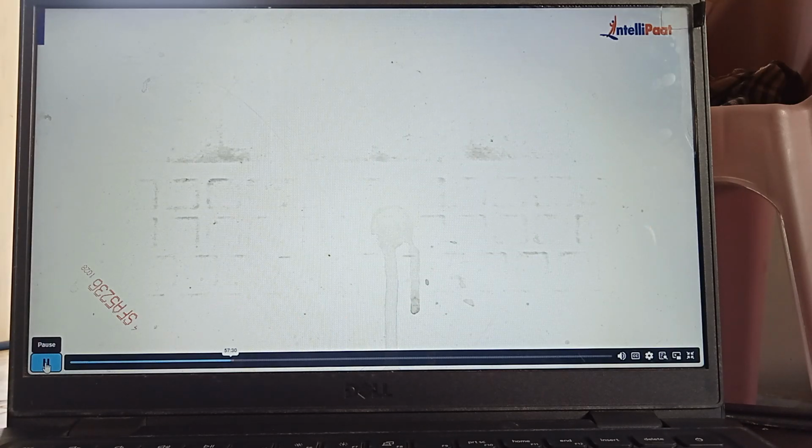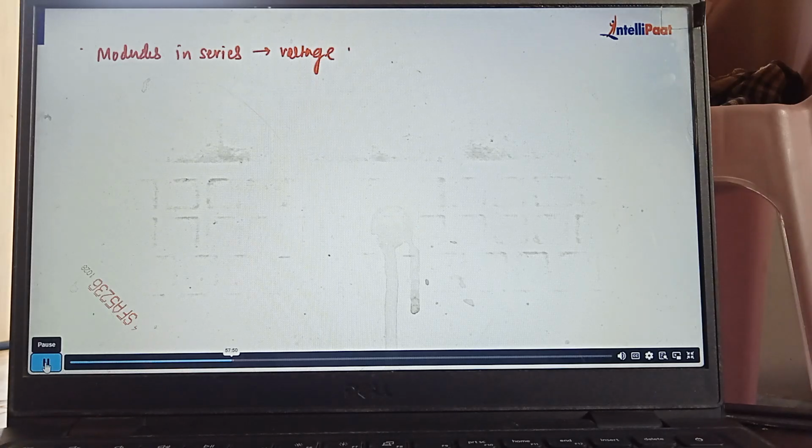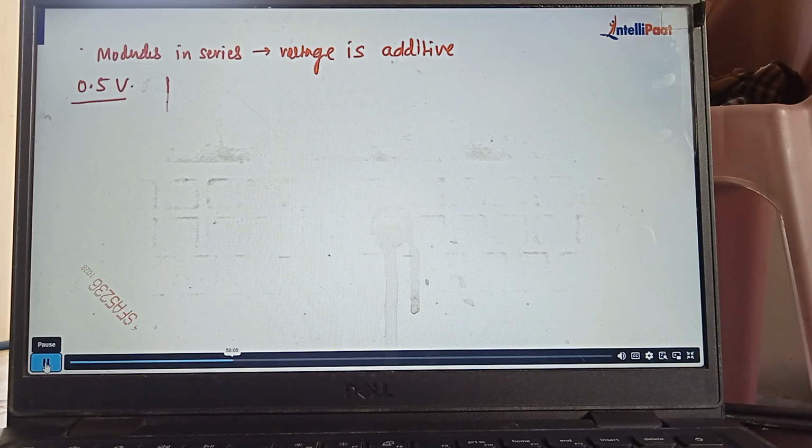Now, as I told you, if you are connecting panels or modules in series, the voltage is additive. Suppose one cell has 0.5 volt and we made this type of cell.